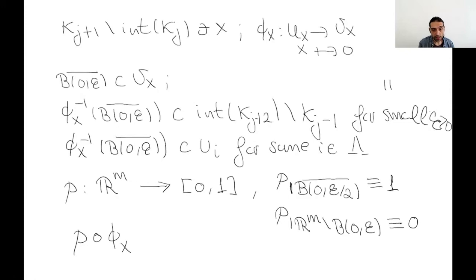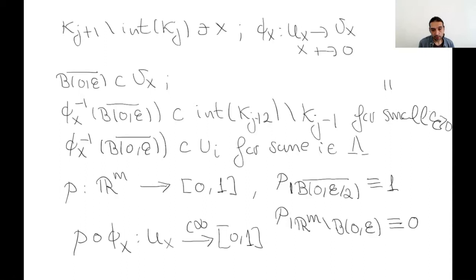A priori, this function is just defined in U_x, and it goes to 0, 1, and of course it's C-infinity.